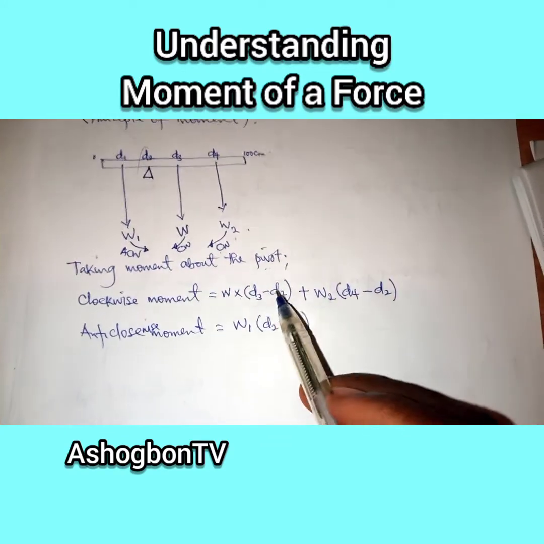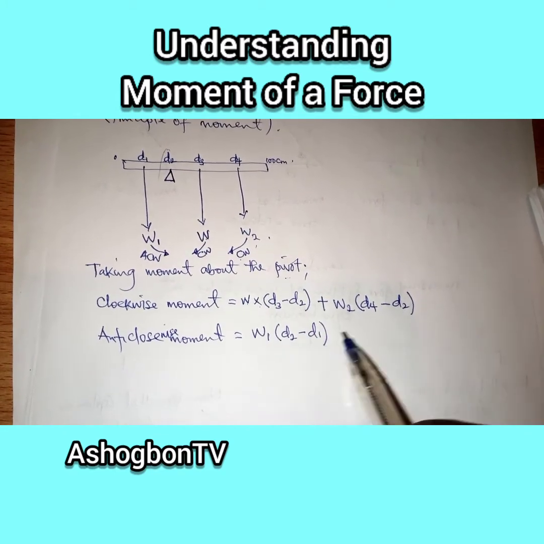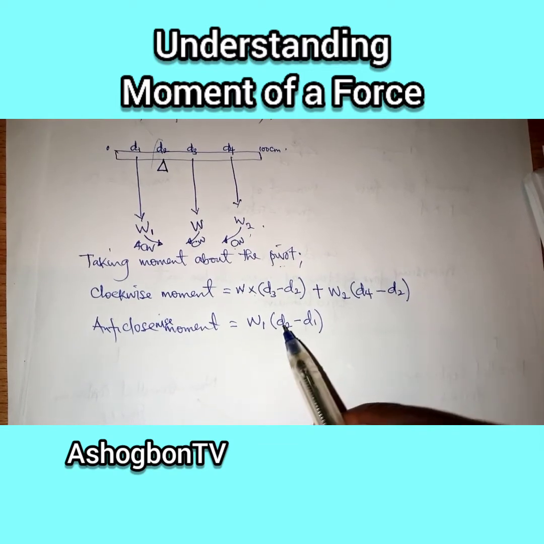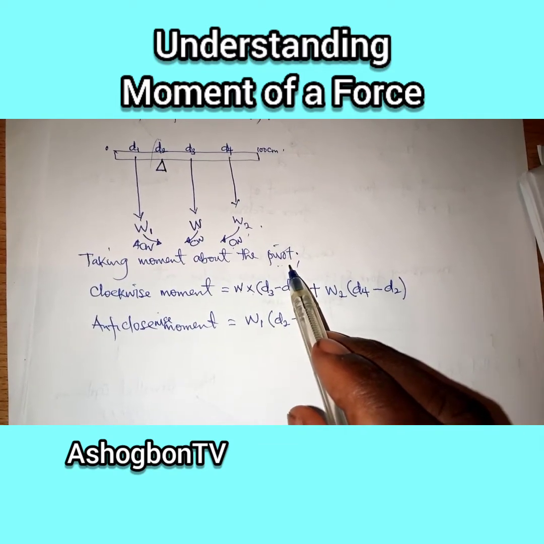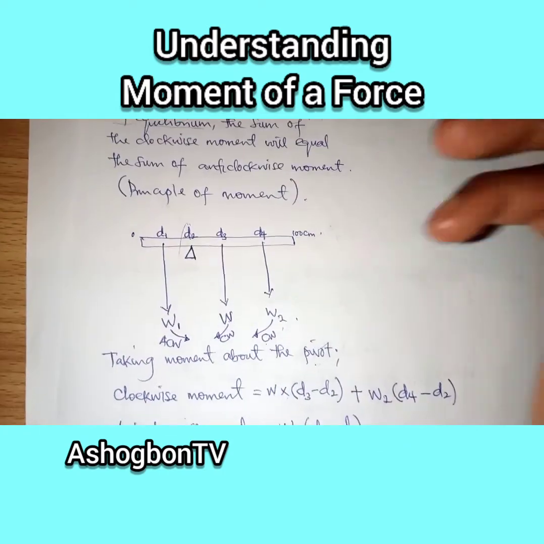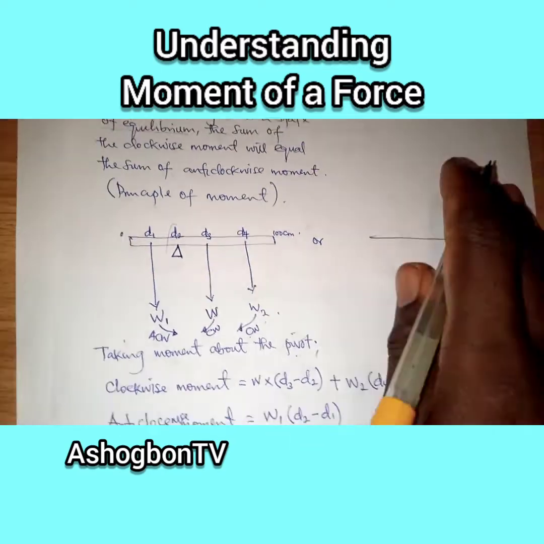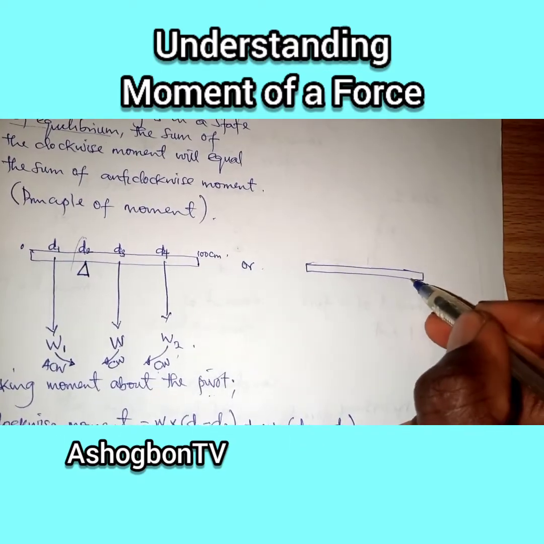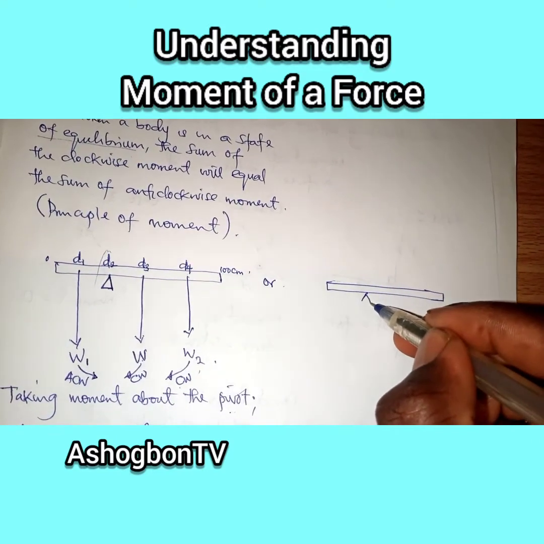Now I want you to look at this very well. You see that D2 is common to all our values here. So that's to tell you that that is the point we are taking moment from. But if peradventure, let's assume you are given something like this, and you were told this is moment, of course.